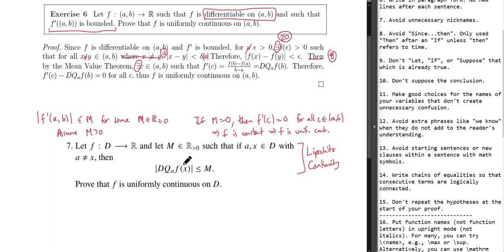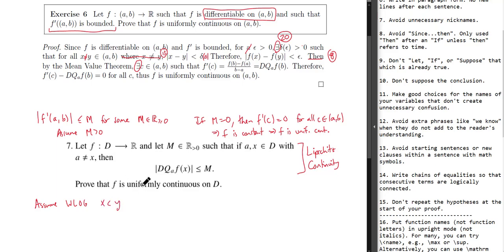Okay. So if I have my x and my y inside the interval, then I know that either x is less than y or y is less than x. Let's assume without loss of generality, x is less than y.